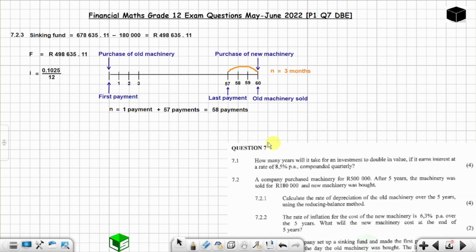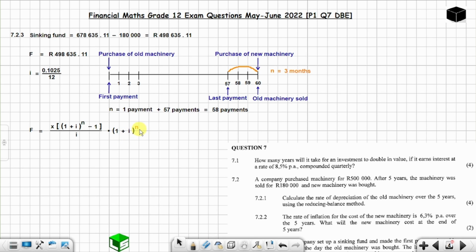Okay, so you are going to use the future value formula for this part. For 58 payment, regular payments are made. You are going to use the future value formula, this, and then that money is left into the account for 3 months. Okay, you are going to multiply by this. This is from the compound interest formula.